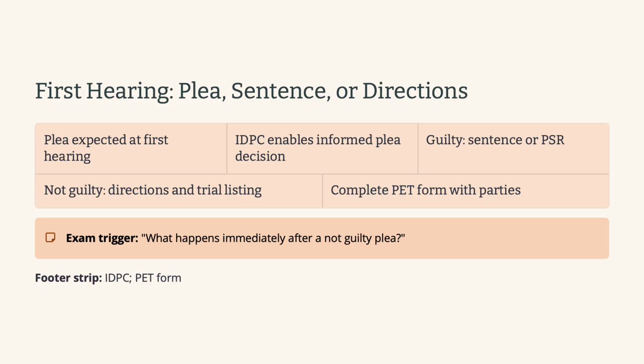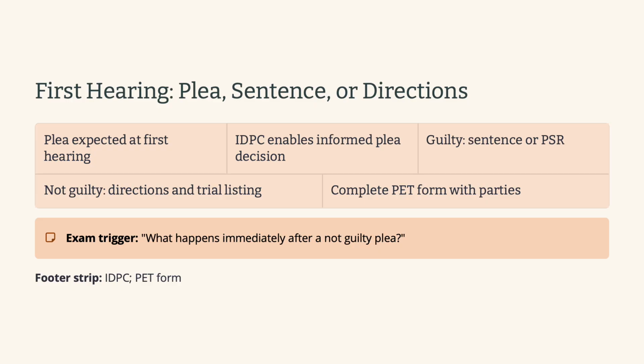Third, if the defendant pleads guilty, the court proceeds to sentence immediately if appropriate, or adjourns for a pre-sentence report if the offense is serious enough or if the defendant's circumstances require assessment at that point.